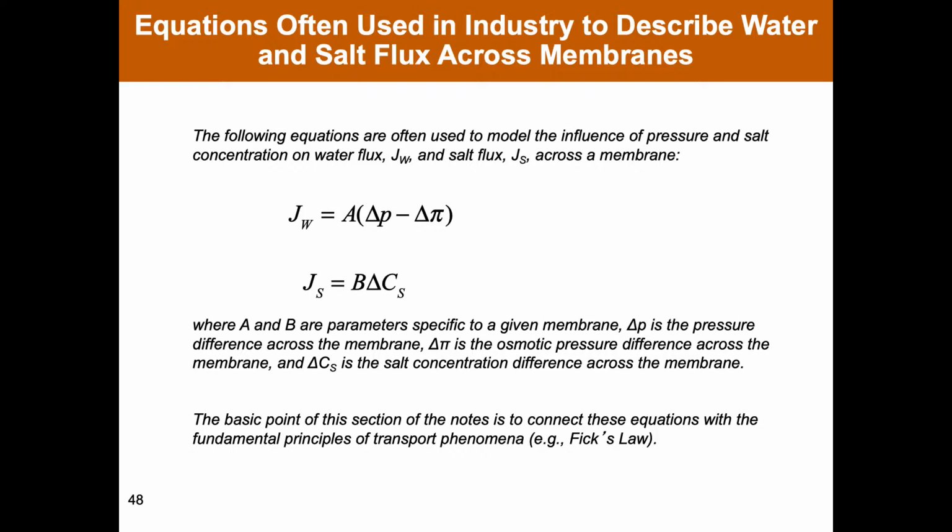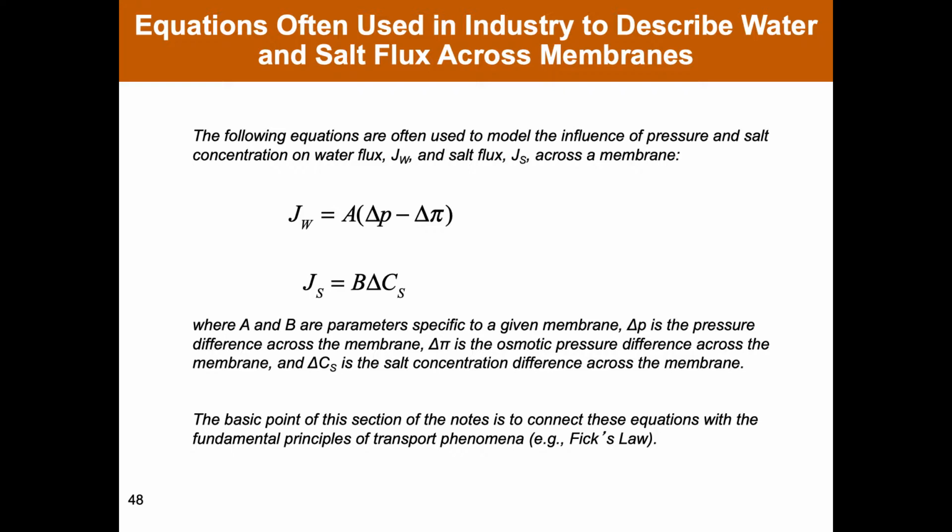And this parameter A is often reported by manufacturers in the literature as a permeability or permeance to water. Salt flux is typically written in terms of concentration difference of salt across the membrane, and B is an empirical parameter that just characterizes the rate of salt transport across the membrane.